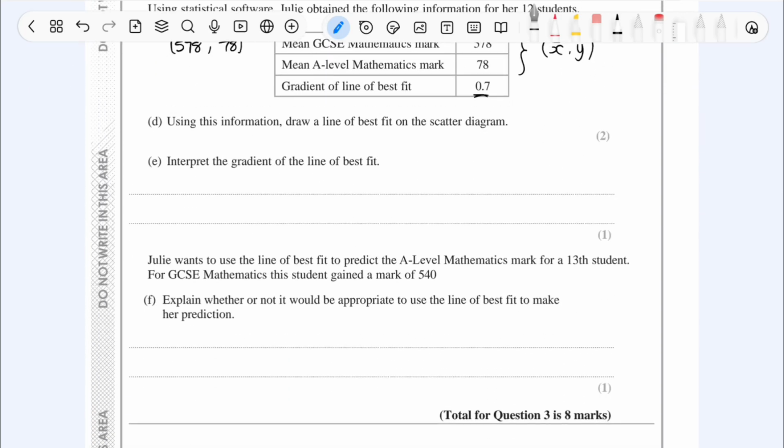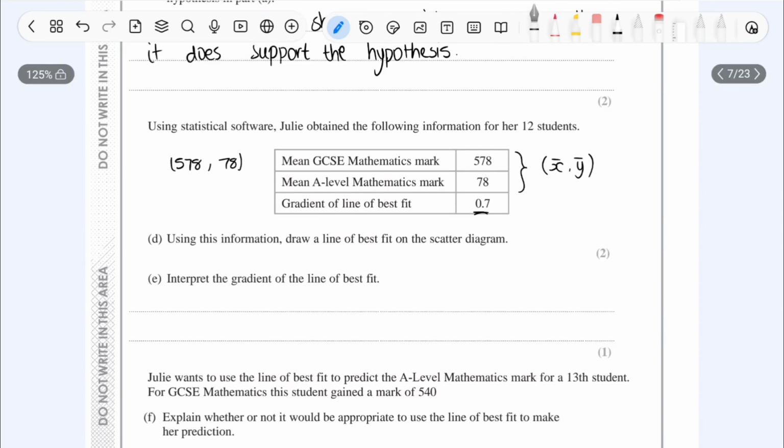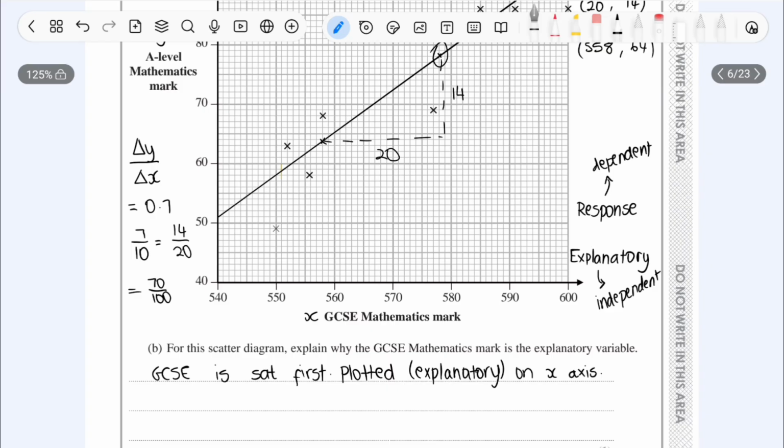Part E asks us to interpret the gradient of the line of best fit. Now the gradient of the line of best fit is 0.7. Now what does that exactly mean? If we go to a molecular level, for each mark we go and increase by 1, you can see a slight increase, but not exactly 1 for the A-level maths exam.